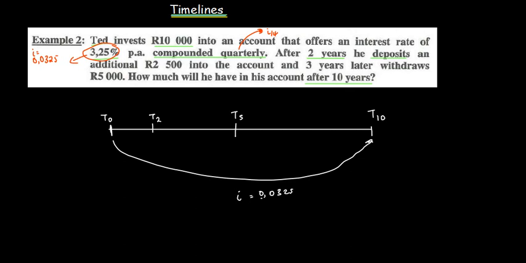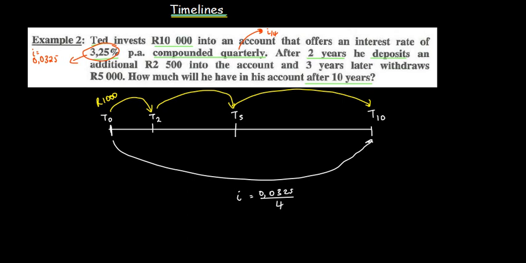You divide that by 4. Then from here to there, he invested how much? He invested 10,000 rands. Then you're going to represent those deposits and withdrawals.